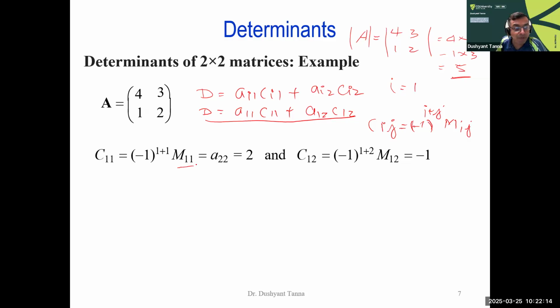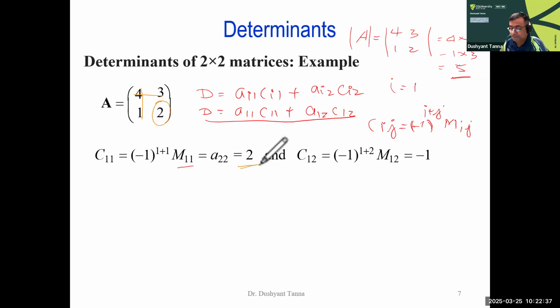Now, what is M11? I'll use a different color. Then I'm talking about the a11 minor. In order to find the a11 minor, I will eliminate the row and column containing a11, and that will only give me 2.